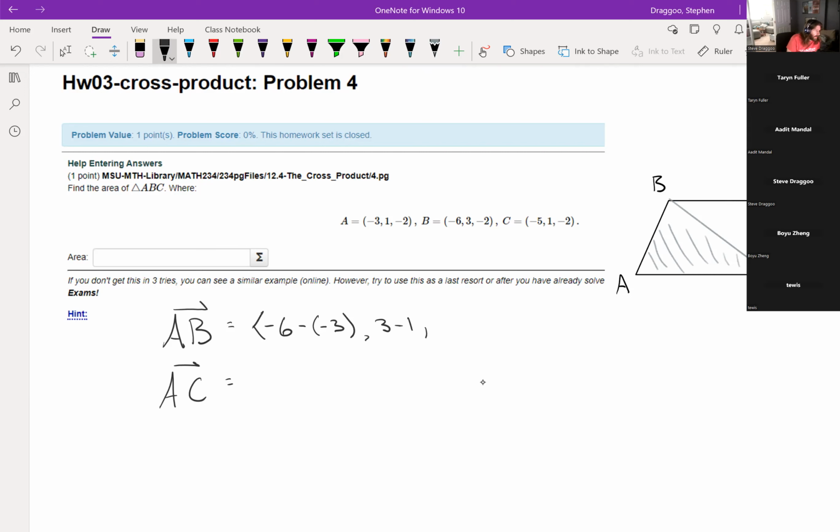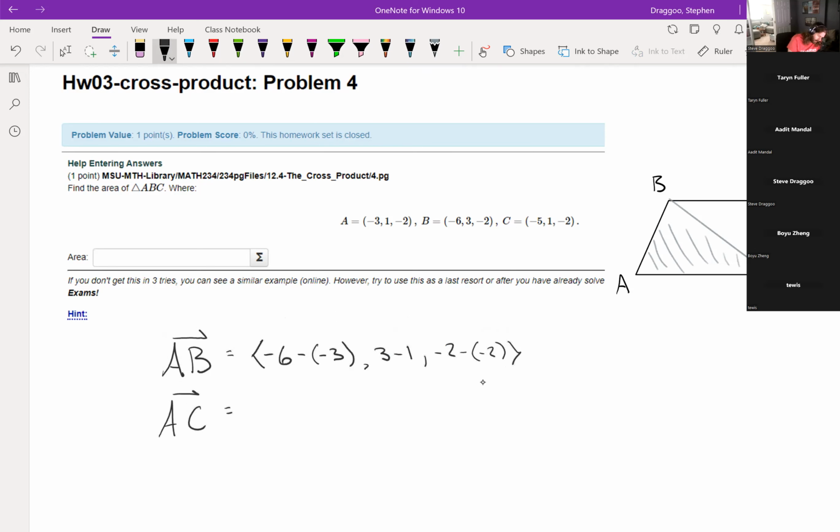And then I'll have -2 minus -2. Scoot this down a little bit so I don't run into my picture. That's going to give me the vector -3, 2, 0.